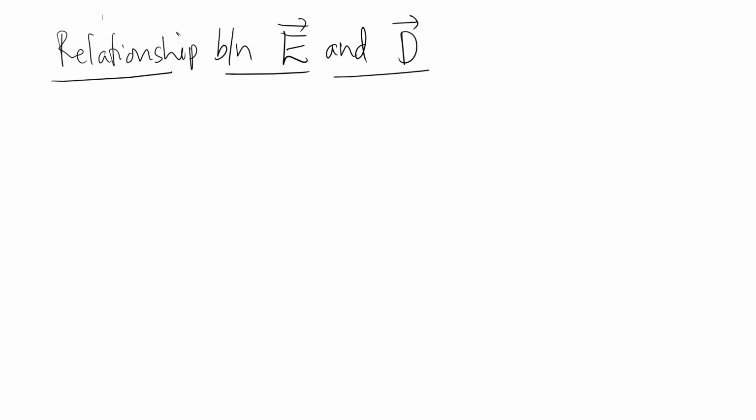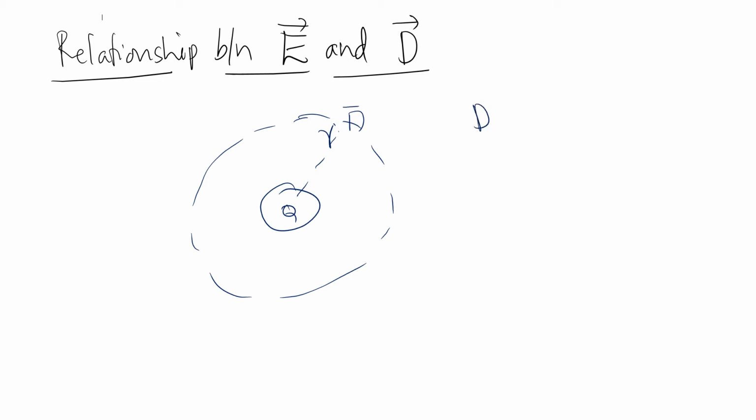Now we will find the relationship between electric field intensity and D. We have discussed that if there is a Q charge at a distance r, the flux density D is given by Q by 4 pi r square a_r cap.